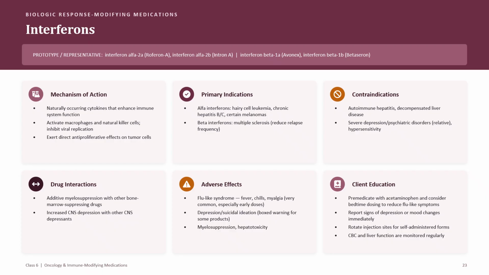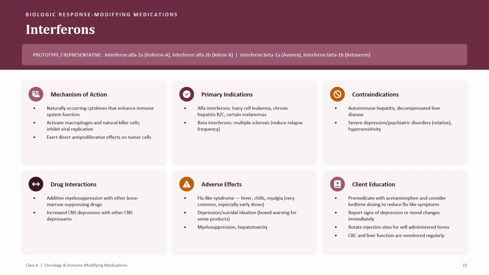And so that's to amplify the natural effect on purpose. So the alpha interferons get used for things like hairy cell leukemia and hepatitis. And then beta interferons get used for more like multiple sclerosis to cut down on the frequency of relapses.